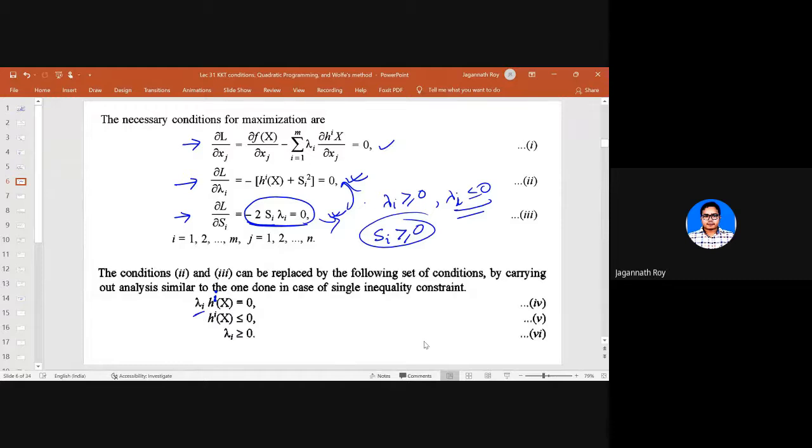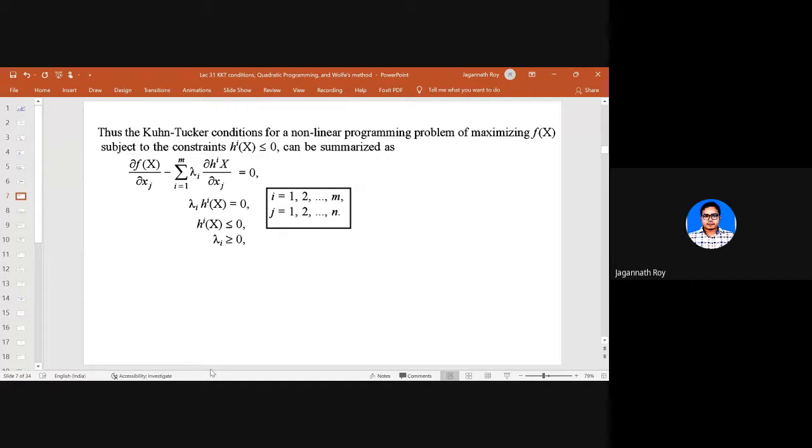So if you accumulate all these functions and try to write down the Kuhn-Tucker conditions for a nonlinear programming problem for maximizing f(x) subject to the constraints, this is a generalized version. We now have m different constraints. This is for the maximization problem.